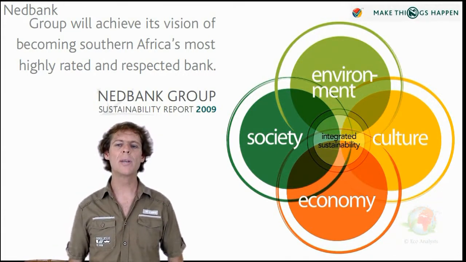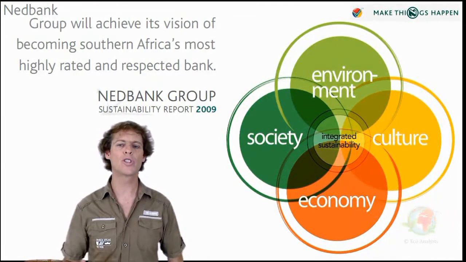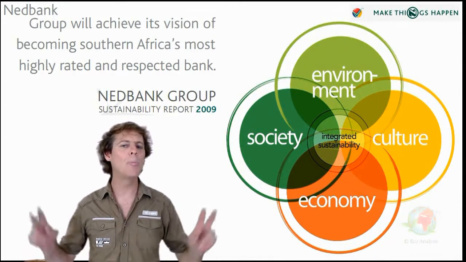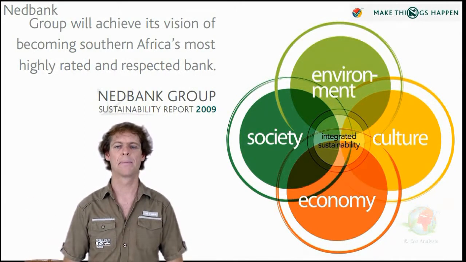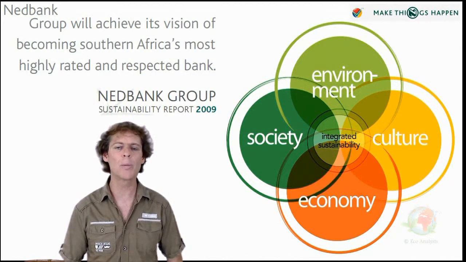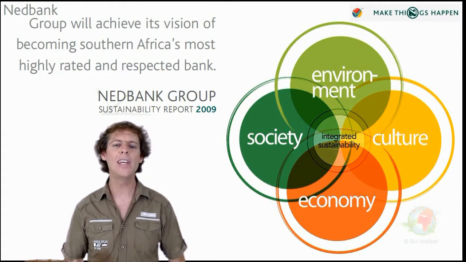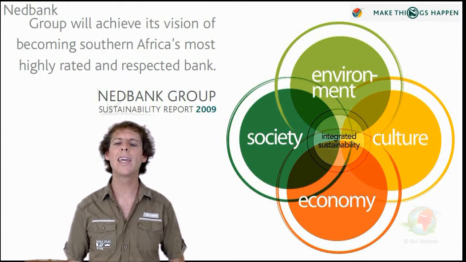The strategy was to reduce first and offset only when necessary, born from Nedbank's determination not to buy its neutrality. Nedbank used carbon credits to offset their unavoidable emissions, and these were obtained from a sustainable deforestation project in Kenya known as Rukinga.